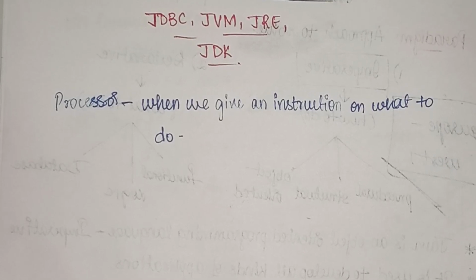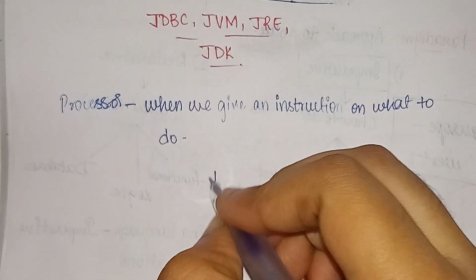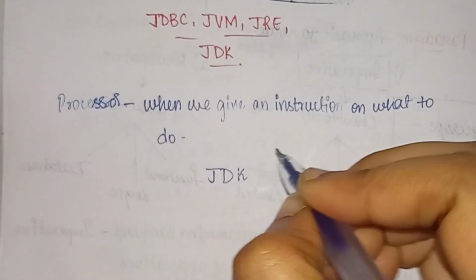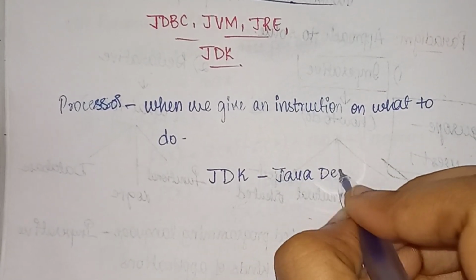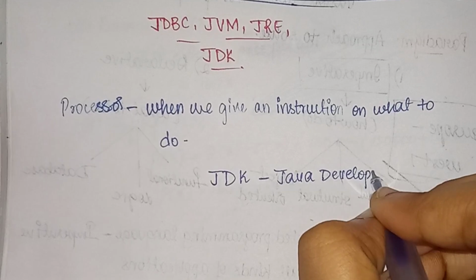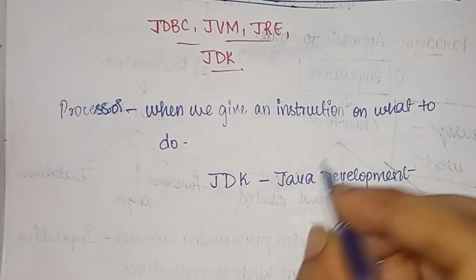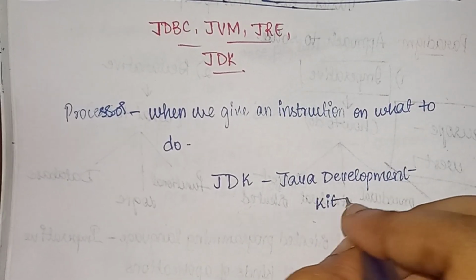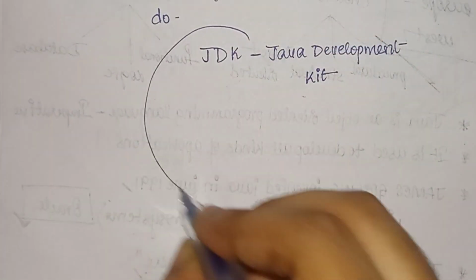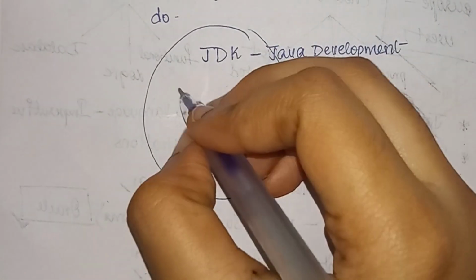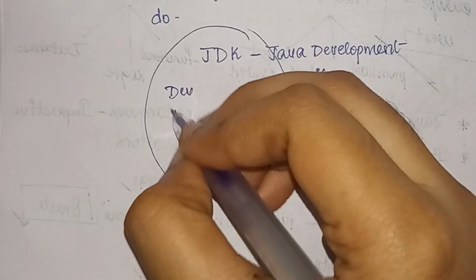Now let's see. I'll give you a diagram. This is JDK. JDK means Java Development Kit. This is the full form of JDK. This we need to remember. So what this JDK consists of? This JDK consists of dev tools.